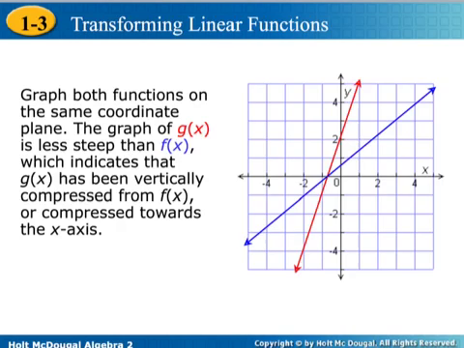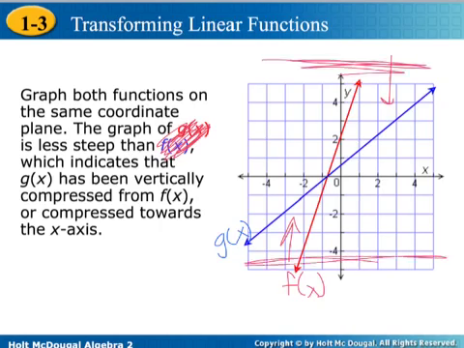So this should be g of x, and this should be f of x. So this was our original, and it got compressed vertically, so pushed down and pushed up. It's like we had a wall here, and we're pushing in this direction, flattening it out.